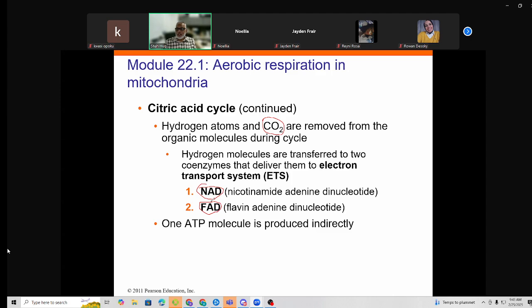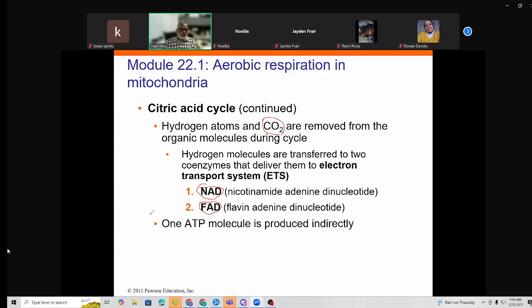They are not unwanted. They are wanted. They are very useful molecules, and they enter the third reactions where we get ultimately the 34 molecules of ATP.